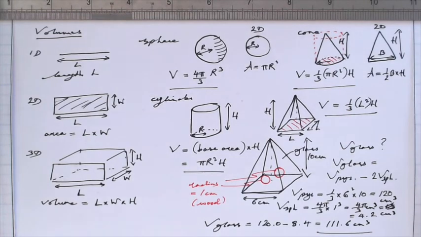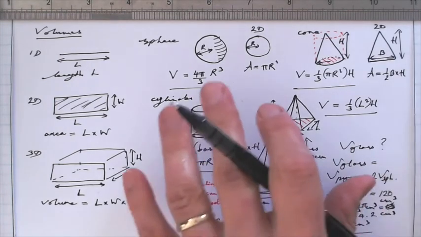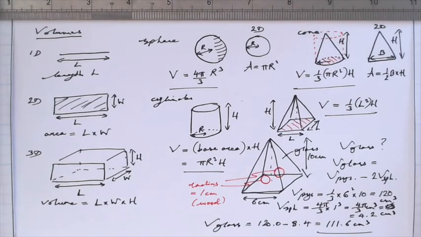So that's volumes at this level of maths. There are some beautiful methods to calculate volumes of more complicated three-dimensional figures, but you need something called calculus to calculate those, and calculus in a way is like a tank, compared to this, which might be seen as a bow and arrow.